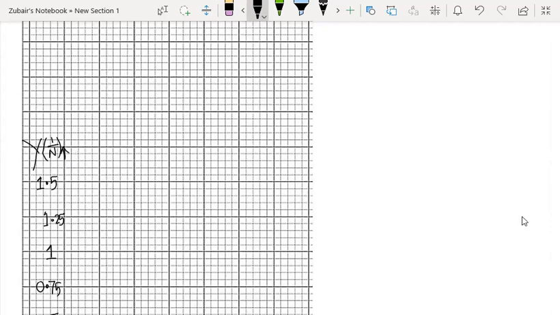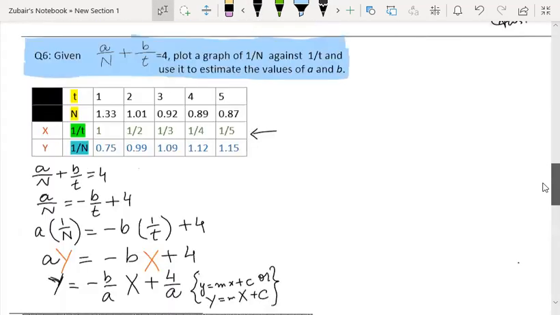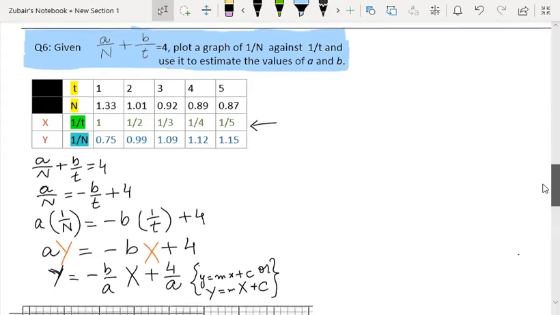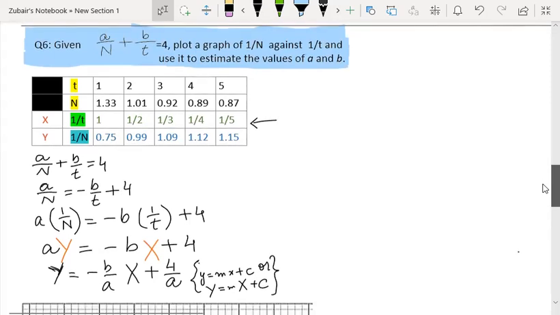Okay, so now what are the values? Again, I will draw only two of the points because by using 2 points, I can draw a straight line.